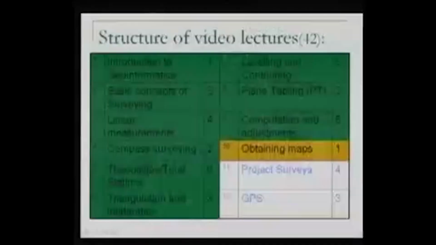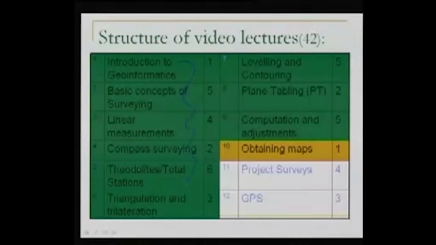What we have done so far, as is seen in this slide, we have done all these methods, and these methods so far are about making the maps. Not only making the maps, we learned the various techniques of surveying and levelling and computation of the data, adjustments of the errors.